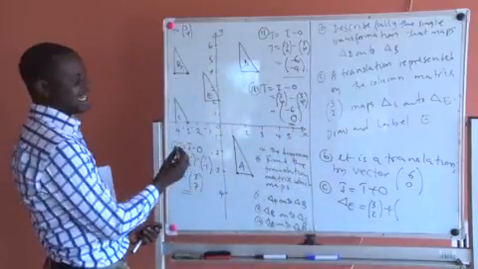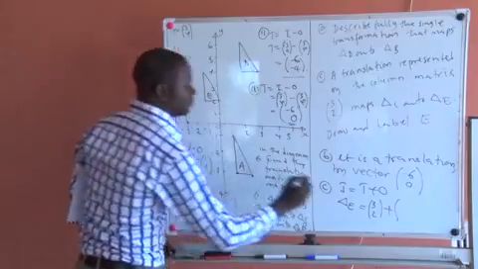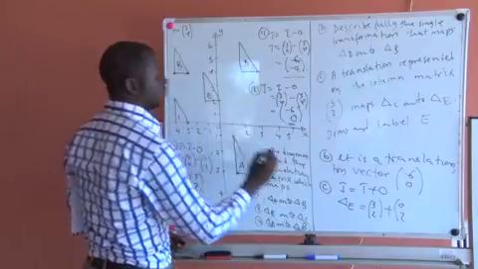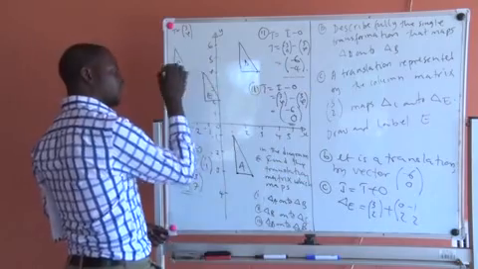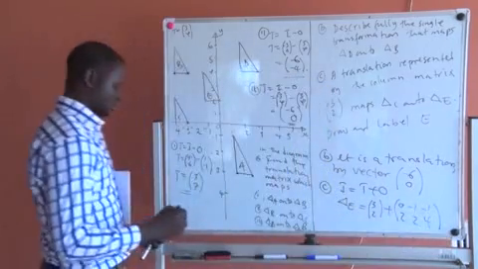Triangle C, the coordinates are these. You can start with any order: 0, 2, negative 1, 2, and negative 1, 4. Then you deal with those.